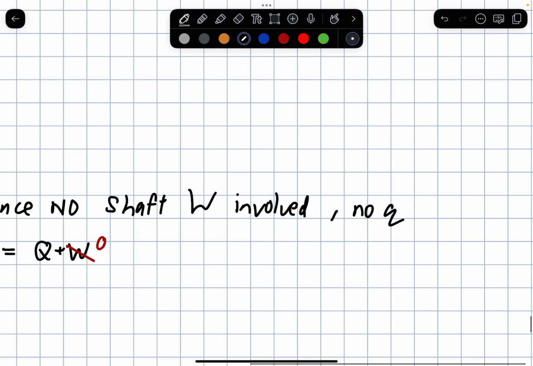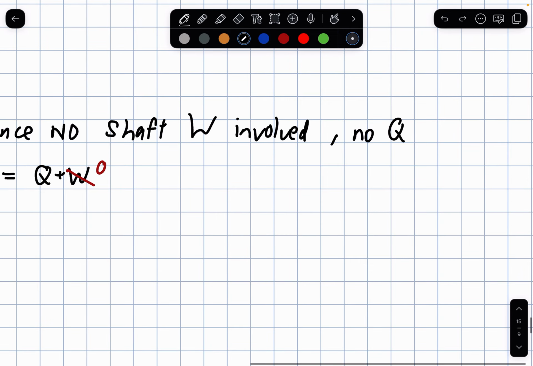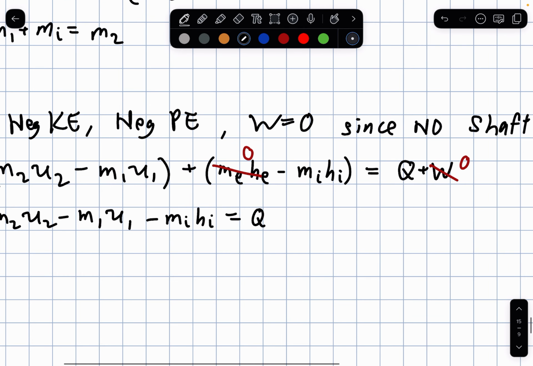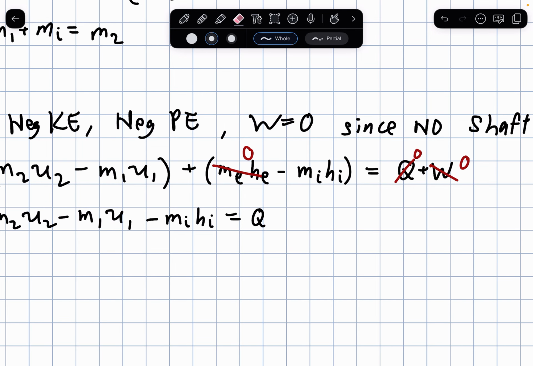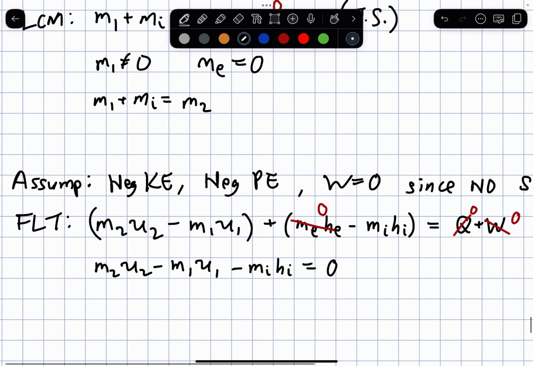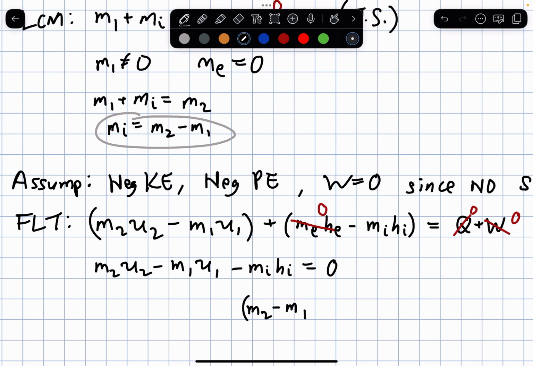Yes, that is verified, I was able to memorize that. So no Q. This one will become this.